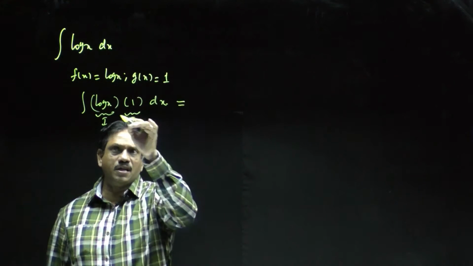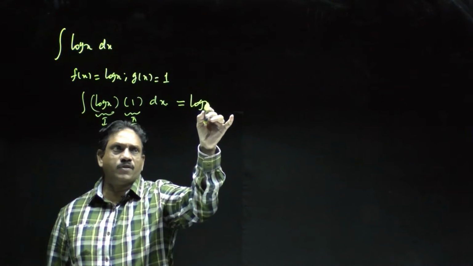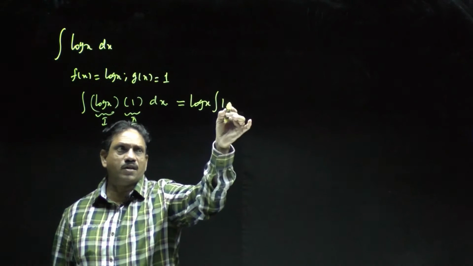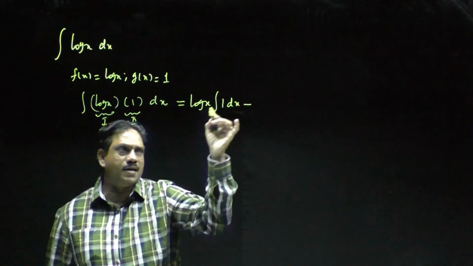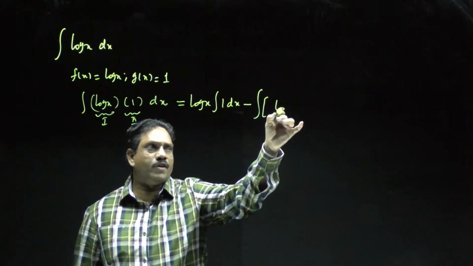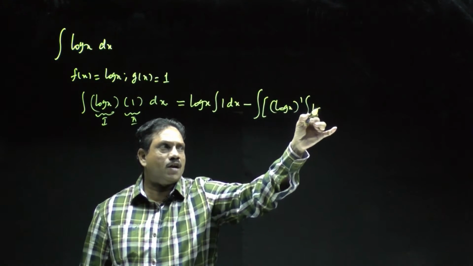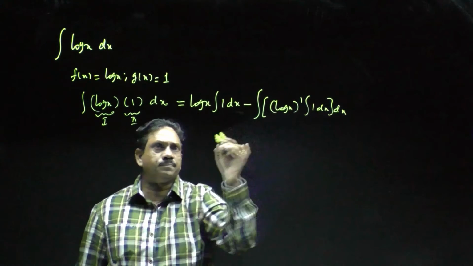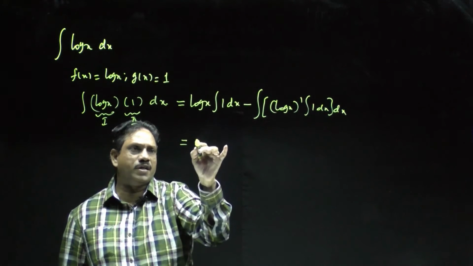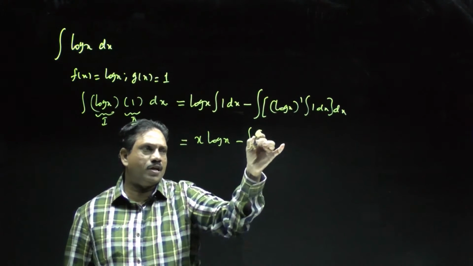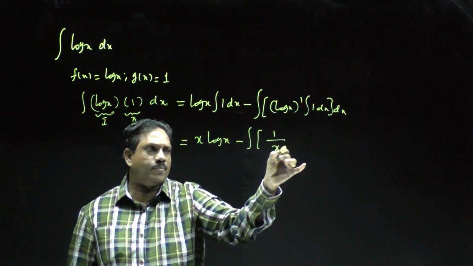Students, here you can easily identify that whatever function you don't know the integration of, you take it as the first function. Now by writing the result, log x you write as the first function, the integration of 1 you write as the second function, minus integral of the derivative of log x times the integral of 1 dx, whole dx. Now you know the integration of 1 is x, and the derivative of log x is 1 by x.